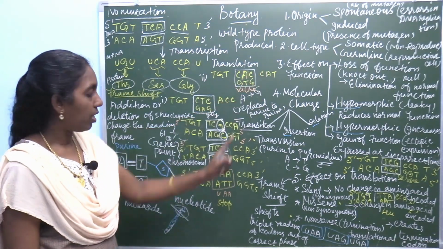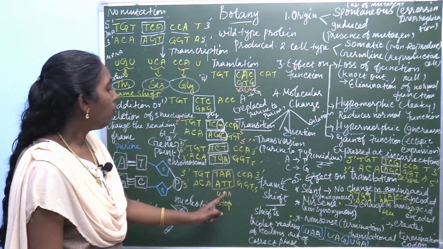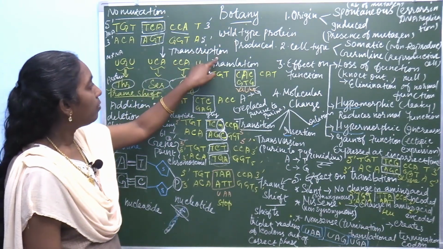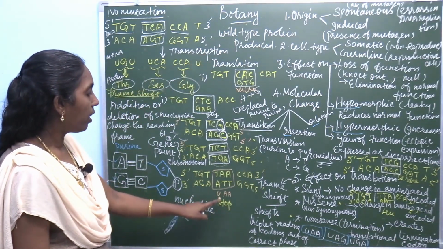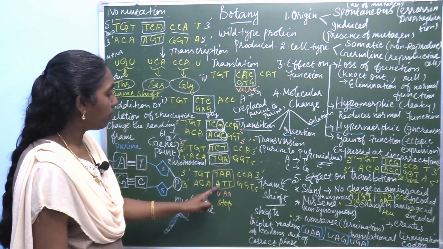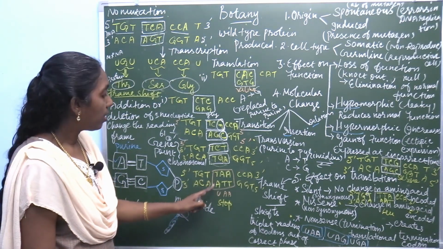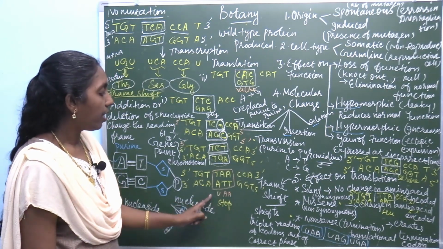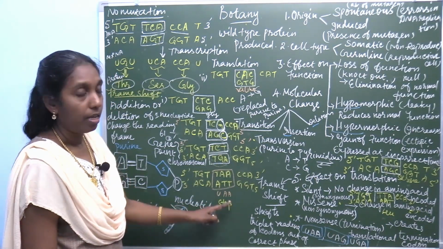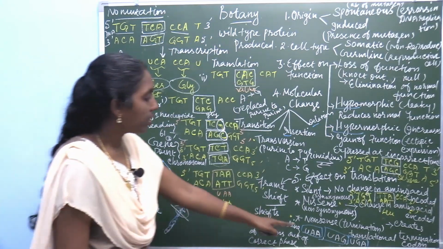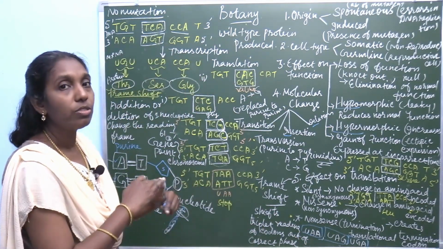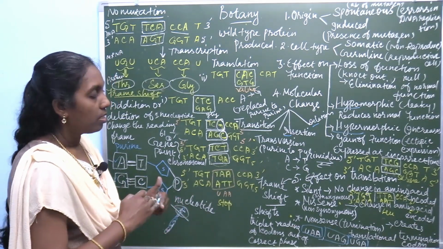During translation, it produces UAA. This is the DNA sequence. When transcription takes place, in the RNA, instead of thymine, uracil appears, so it forms UAA. This UAA is one of the stop codons, so it leads to termination.